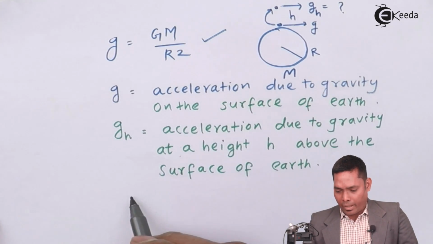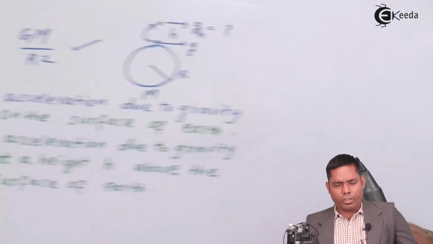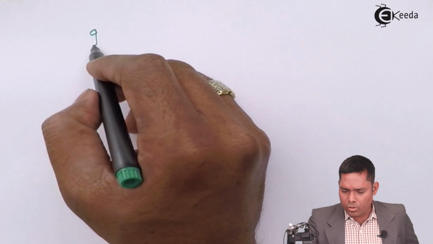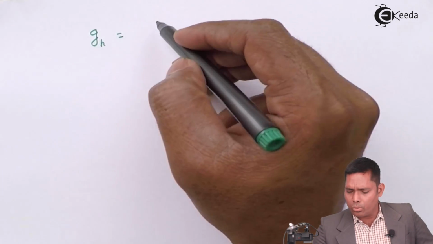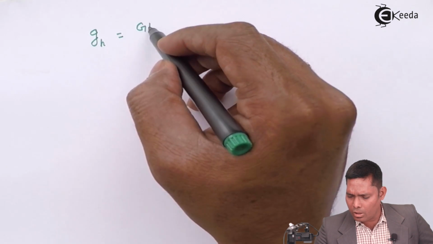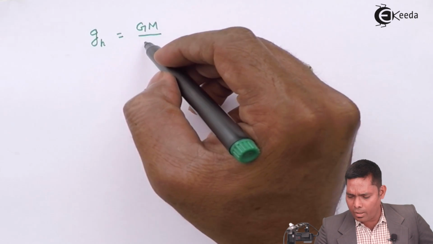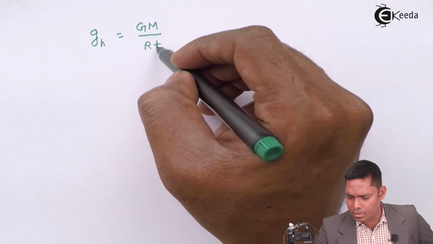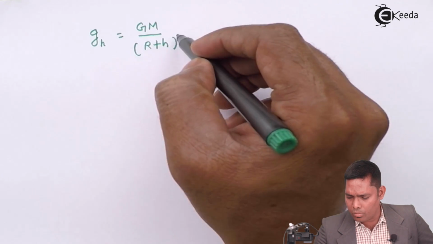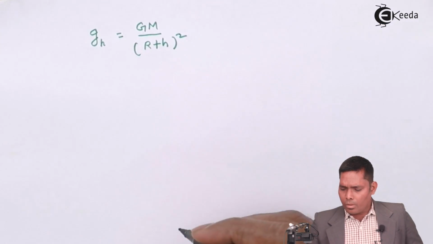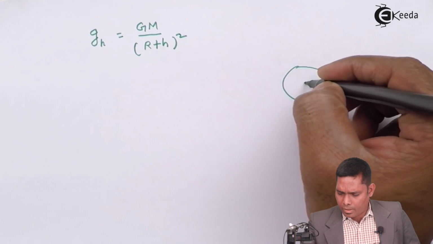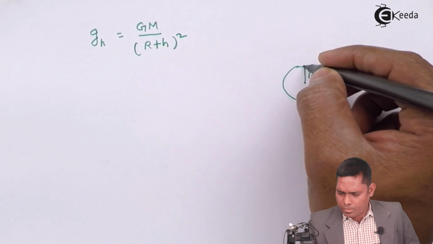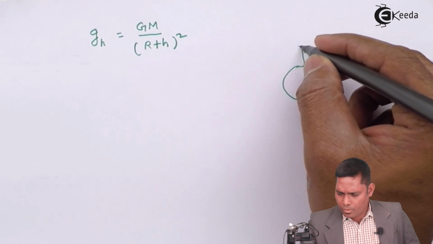Now, our aim is to find this g_h, which is given by the same formula you can use, that is GM over distance square, that is (r plus h) the whole square, because this is my r and this object is at a height h.